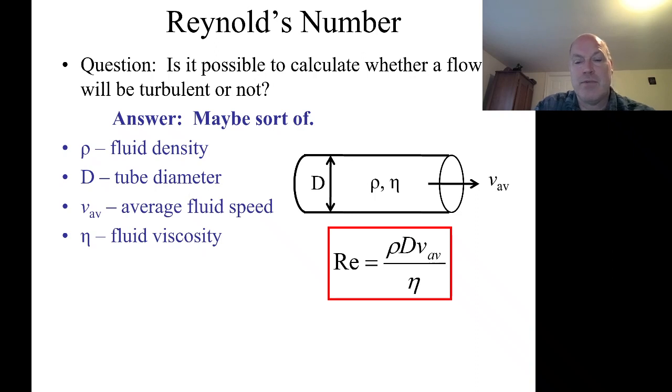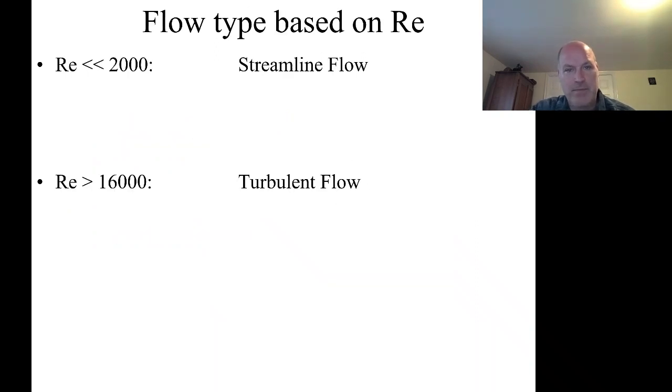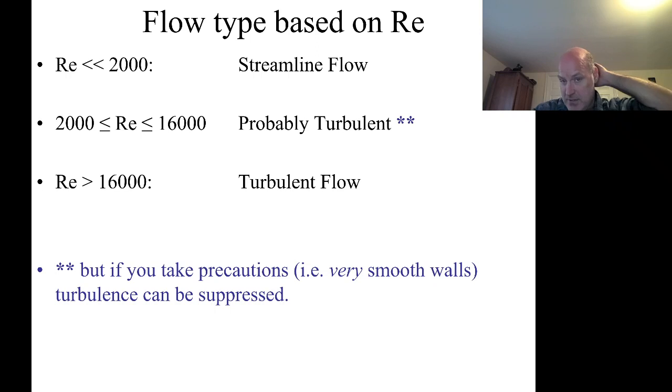Okay, so what do you do with the Reynolds number? Let's see what happens. The Reynolds number is, well, you can read more about it. Move on. This is the point. If you get a Reynolds number that's less than 2,000, it's going to be streamlined flow.